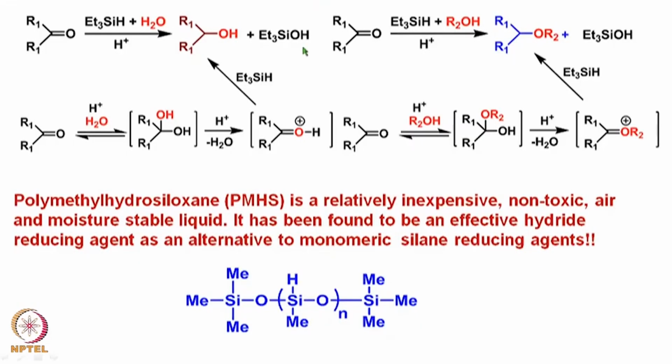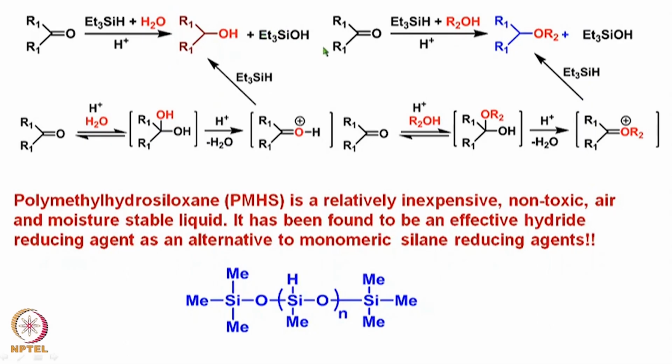We can also carry out reductions of ketones or aldehydes using triethylsilane. And for example, if we take a ketone of this type with triethylsilane in aqueous medium, if we have an acid, then of course we get the corresponding alcohol and triethylsilanol as the byproduct.